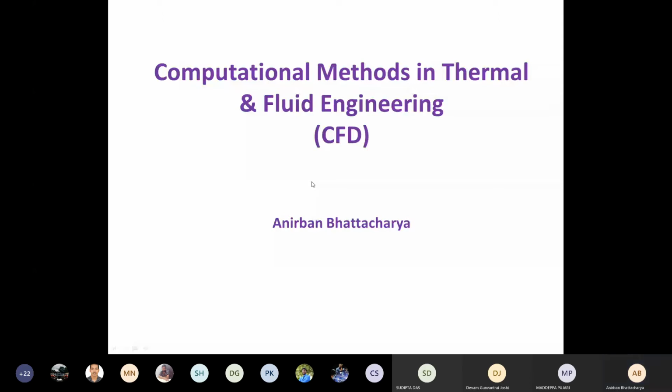Even for companies such as Tata Steel, most of the modeling work is done here. Some experimental work is also done here, but it is also done in the UK and other places. And so this is why this course is very important.